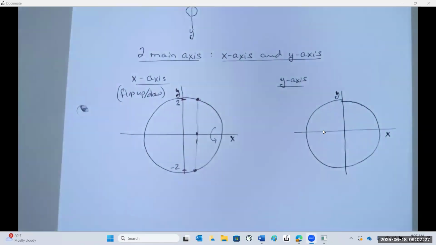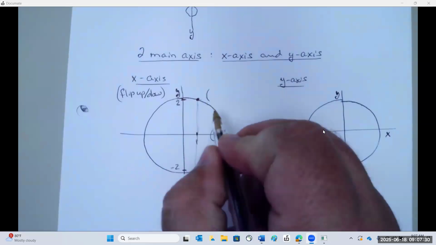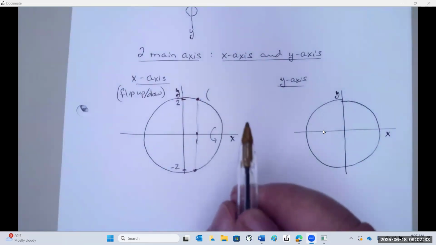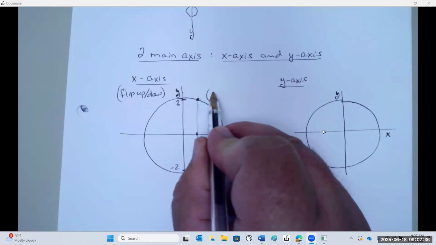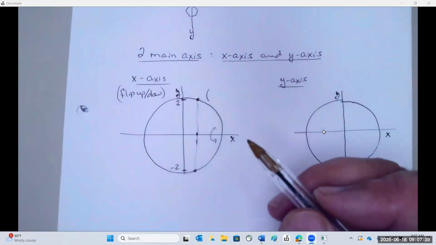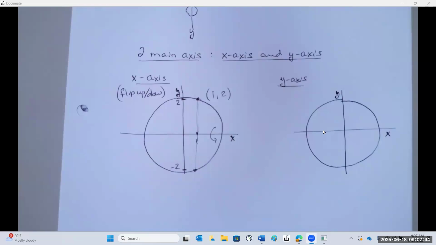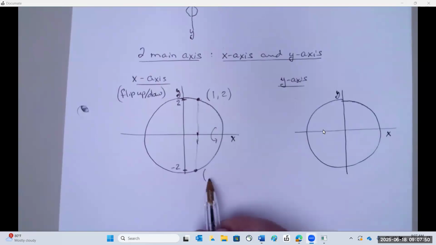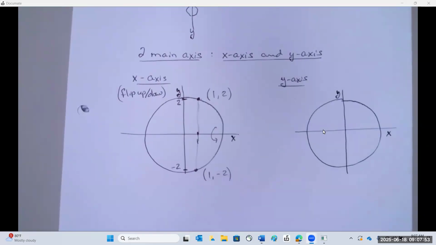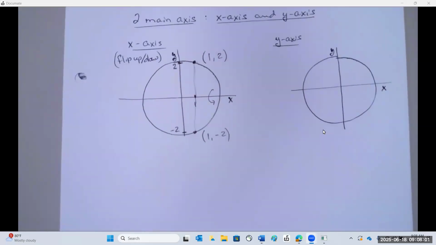What's the location of this point? 1, 2. It's a point. Remember, it's a point, so it has to have an x and y component. So what do we notice about symmetry about the x-axis? That the x value is the same, but the y value changes. Changes what? Changes signs. All it does is change sign.